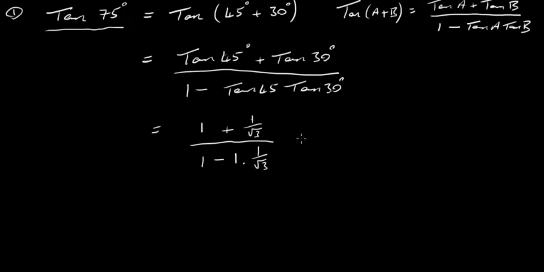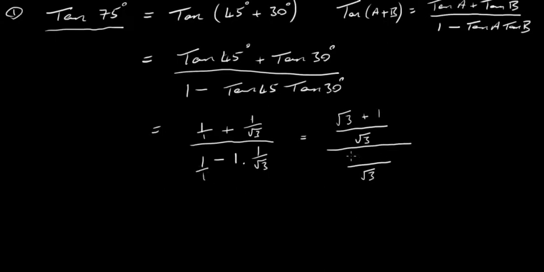Okay, so we can do this. If we add these two on the top, root 3 is our common denominator. This is 1 over 1, so we get root 3 plus 1. On the bottom here, again our common denominator is root 3, so this is 1 over 1 here.